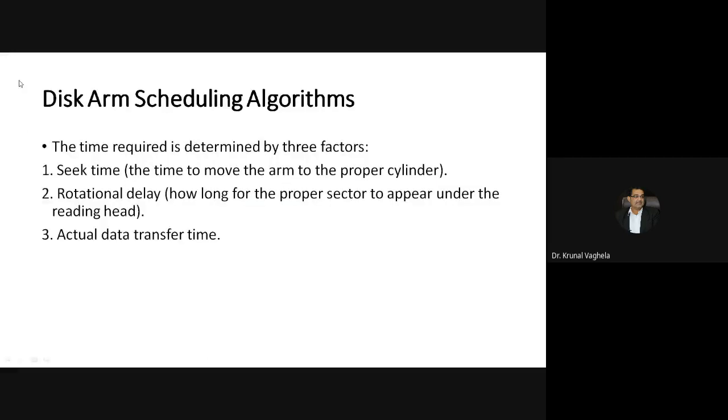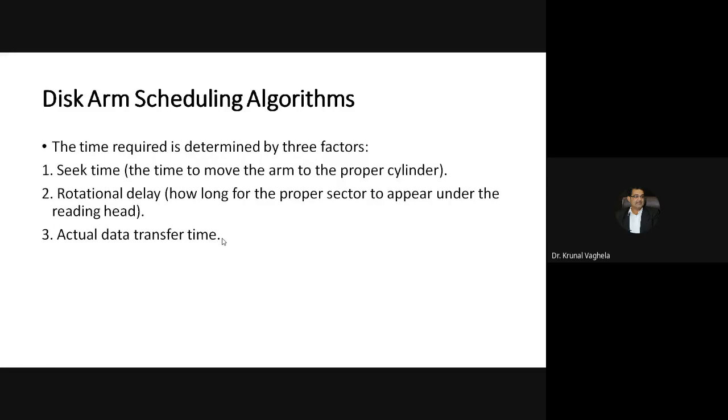Let's repeat. The time required is determined by three factors. First, seek time, the time to move the arm to the proper cylinder. Second, rotational delay or rotational latency, how long for the proper sector to appear under the reading head. And third, the actual data transfer.